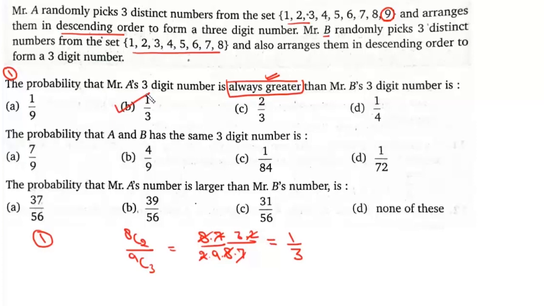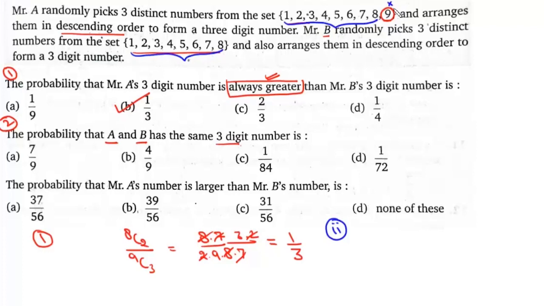Now the second question is the probability that A and B have the same 3-digit number. For the second part, they'll have the same 3-digit number if Mr. A picks 3 numbers from 1 to 8 and Mr. B also picks numbers from 1 to 8. Now for this, A must not pick 9.